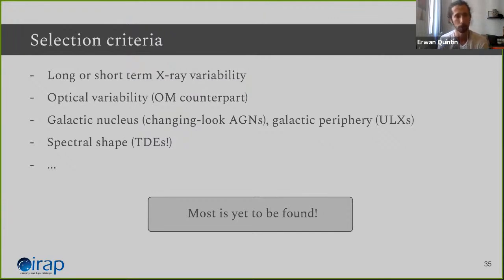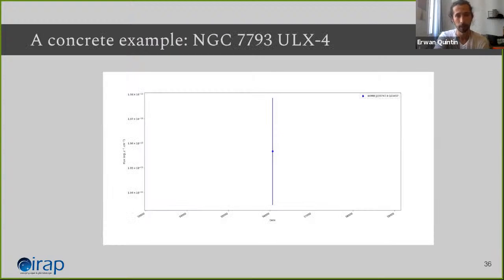This would mean that it's a ULX, for instance. We can add selection criteria on the spectral shape. For instance, softness could be a hint that there's a TDE. And the takeaway of this is that most of the interesting sources are yet to be found and still lie in the archival data. I'm going to show you a quick example of one source that we found using this method.